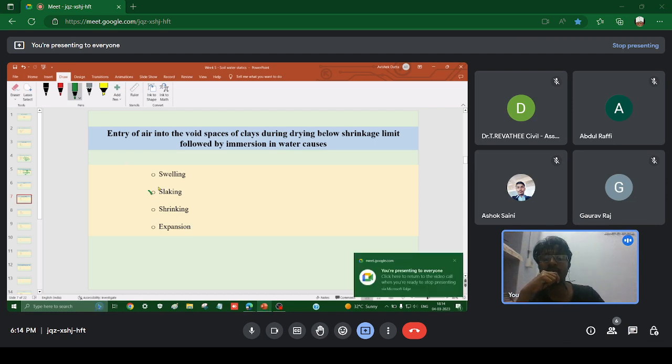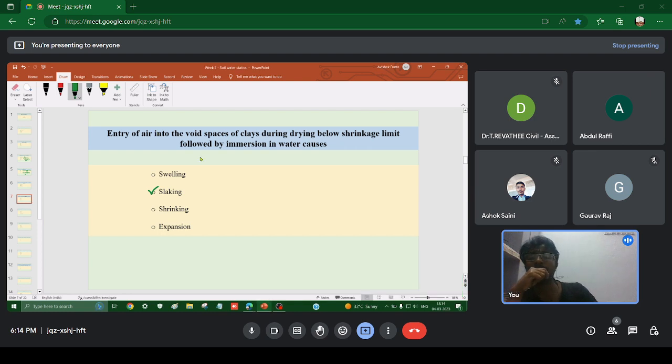I have just given a general description of slaking over here, but the mechanism is when clay is being dried. We dry the sample of clay below the shrinkage limit. Then what happens? Below shrinkage limit, if water content is reduced, the volume is not reduced, right?